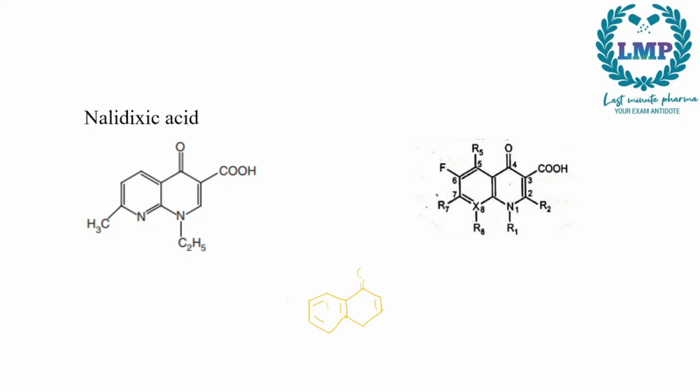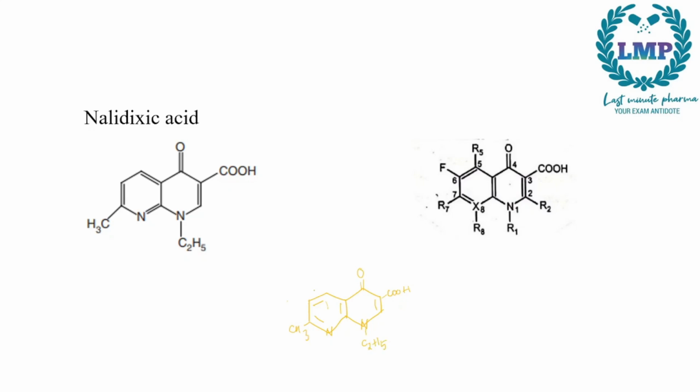We will give it a double bond O and a nitrogen in the ring. Then we said there was a COOH here, and then we will have a nitrogen here as well, and then here there was an R group, so here we will give a CH3 and here we will give a C2H5. So this is the structure of nalidixic acid.